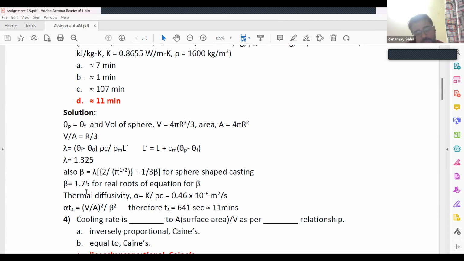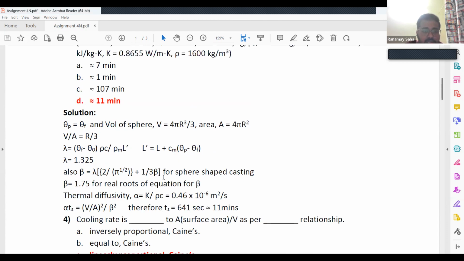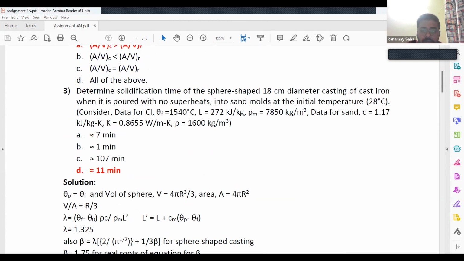Now you put the value of beta in this equation, which gives alpha multiplied by the solidification time as the mold constant squared divided by beta squared. So in this equation you have beta, you have alpha, which is thermal diffusivity determined by K by rho c, and rho c for the mold has been given in the question, isn't it?